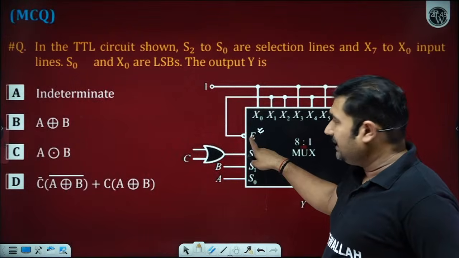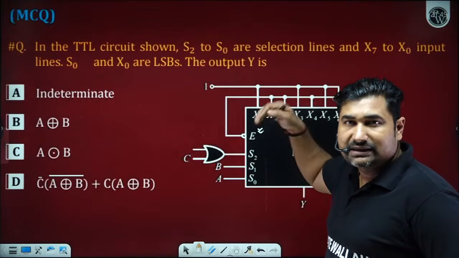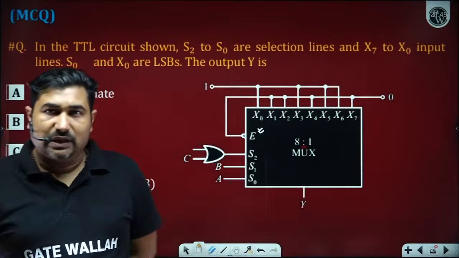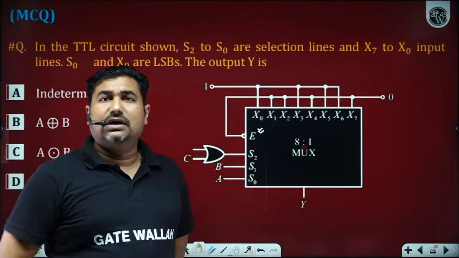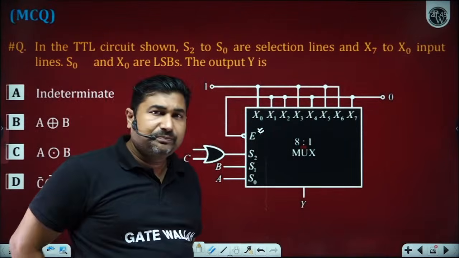So when this enable pin is logic 1, the AND gates are enabled. Otherwise, all the AND gates of the multiplexer will remain 0. And definitely, if all the inputs of the AND gates are 0, the output of the multiplexer is 0, because a multiplexer is an AND-OR logic circuit.